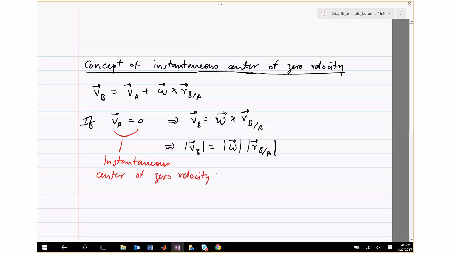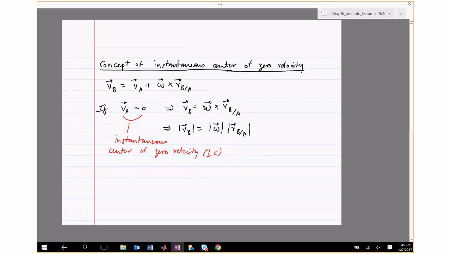Okay, in short, it's called IC, and that's the notation I'll be using throughout this course.